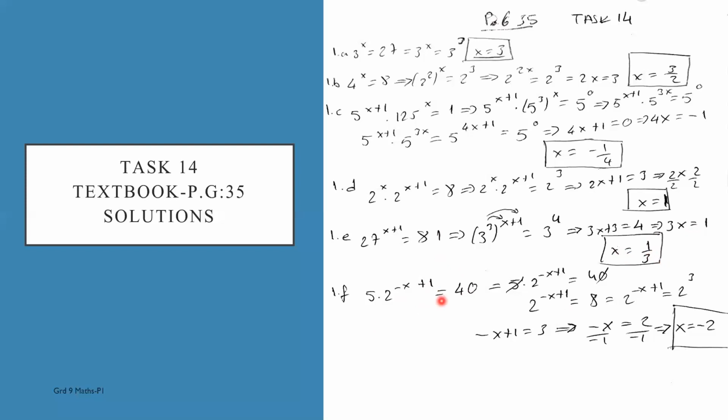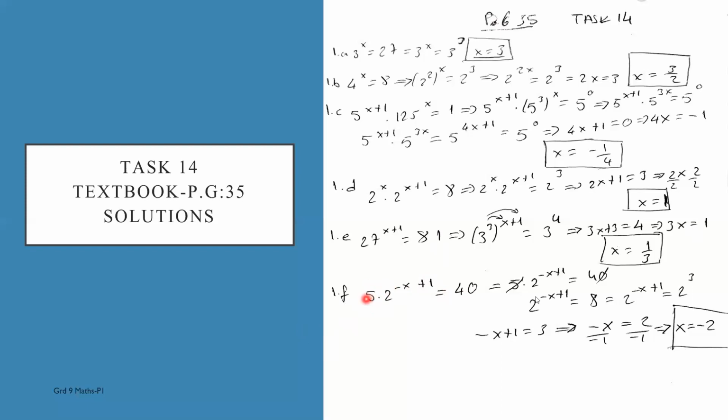Okay, this question is a bit different compared to the other questions, guys, but it's again not difficult. The only thing you need to remember is, guys, you see now here, 5 times 2 to the power of negative x plus 1 equals 40. If I simplify this, because there's a multiplication here, guys, the inverse operation of multiplication is division.